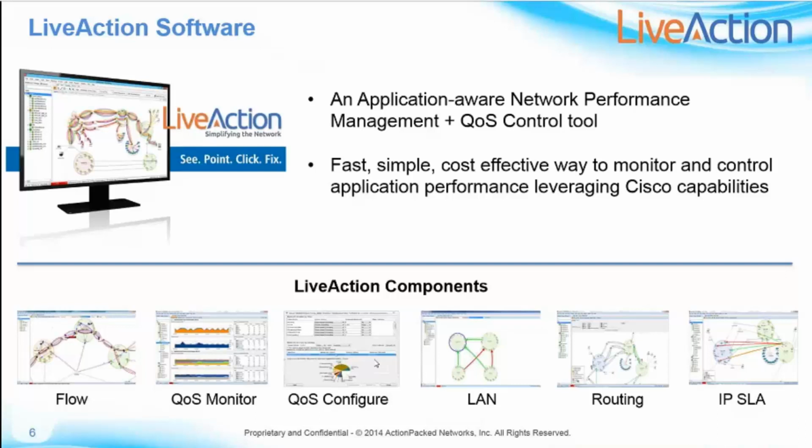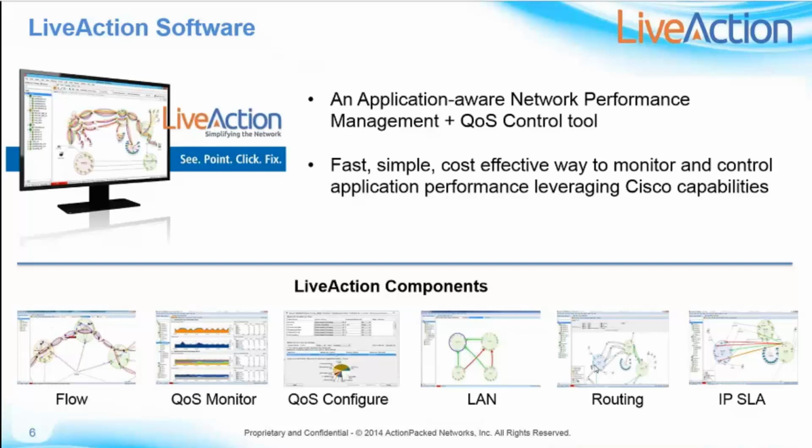We have LAN technology in the tool, so we're able to monitor things such as spanning tree, VLAN, interface performance, as well as other issues that may occur, such as inbound and outbound errors. That is easily done through the WAN functionality of the tool. And we have routing functionality to monitor the routes in the network. We analyze the routing tables. We show the routing adjacencies, so we know about uptime and downtime very easily.